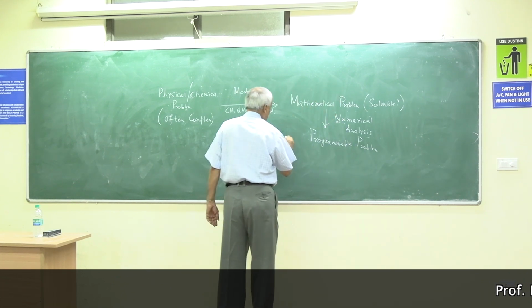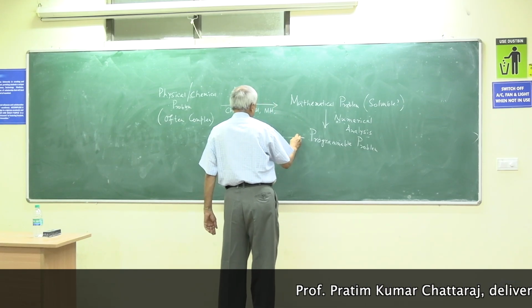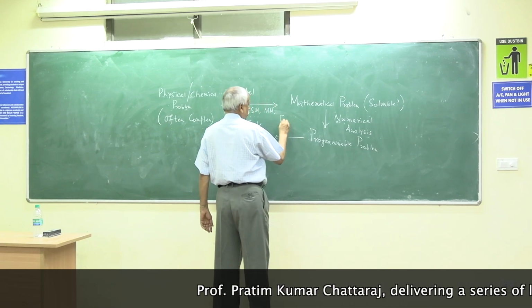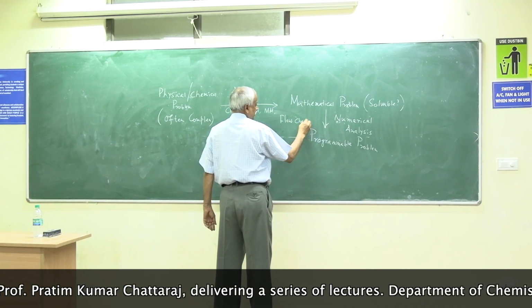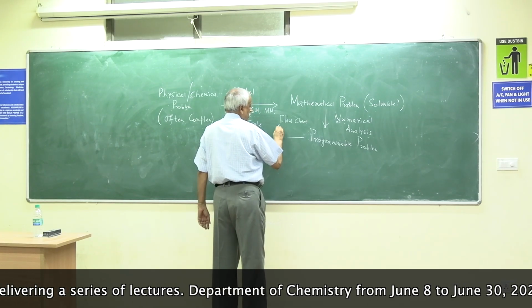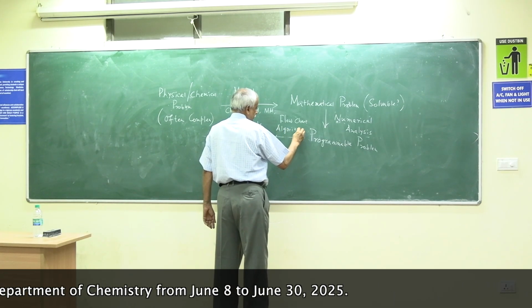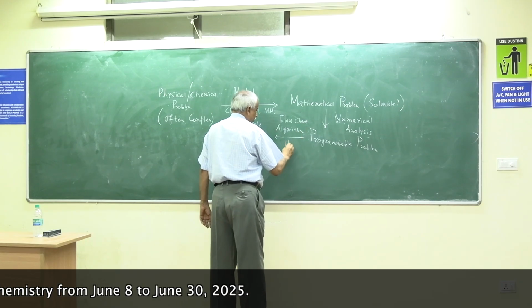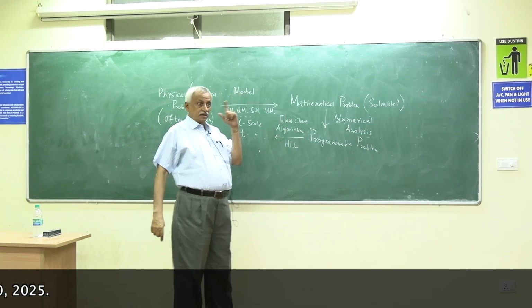Now if you have a programmable problem, you have to have a flow chart. You have to write the flow chart step by step, how people will do it, or in other words, depending on the algorithm I will write, the step by step instruction I will give.